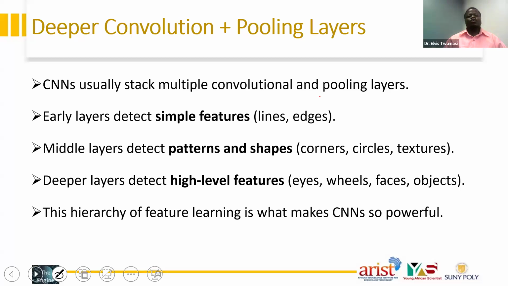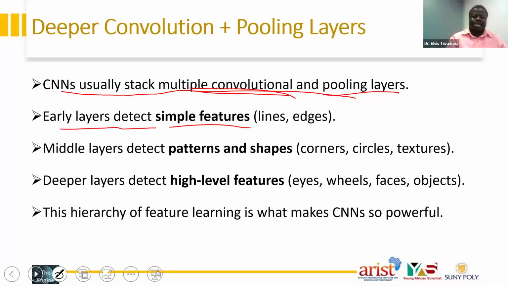As we have already said, a CNN usually uses multiple convolutional layers and pooling. Early layers will detect simple features like lines and edges. So we have a convolutional layer, another convolutional layer. Inside one convolutional layer, I'll have a feature map, I'll do ReLU, and I'll pool.